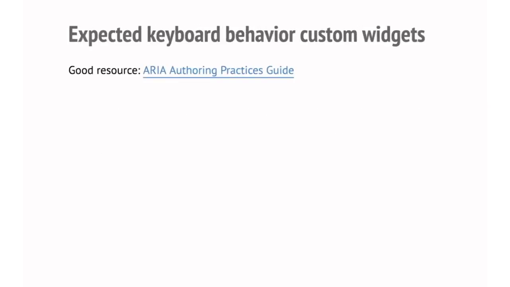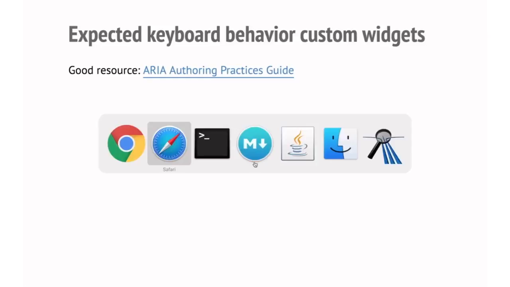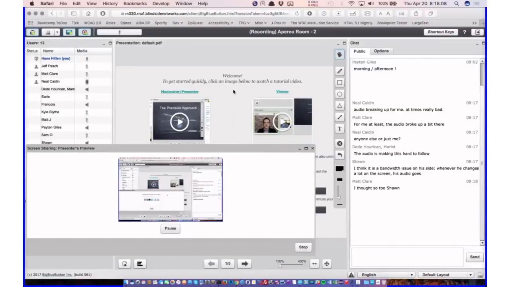At times, your audio appears to be breaking up pretty badly. Several of us are experiencing that, making it kind of hard to hear you. I wonder if there's something I can do about that, like dialing in or something. I'm sorry, what do you want me to do? I think it's a bandwidth issue on your side. Whenever you change a lot on the screen, that's when the audio gets worse. So maybe slow down the changing, or wait for the change to happen before you start speaking.